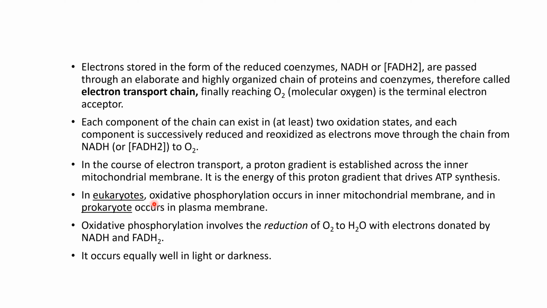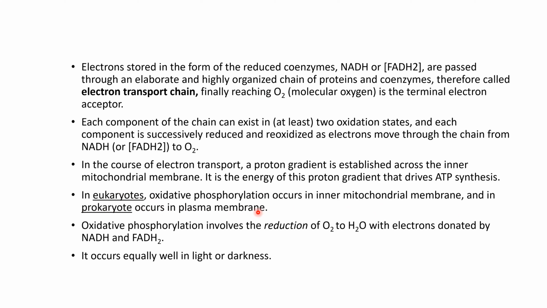So in eukaryotes, oxidative phosphorylation occurs in the inner mitochondrial membrane, and in prokaryotes it occurs in the plasma membrane. That makes sense because in eukaryotes we have specialized cells and organelles, and they all are well wrapped with specialized membranes.